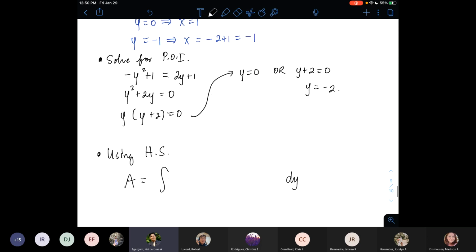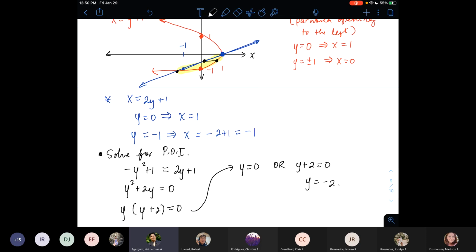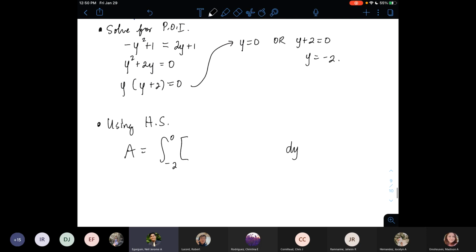So that means my bounds would be starting from -2 until 0 of what is the right function? The function on the right is the red graph, which is the parabola.